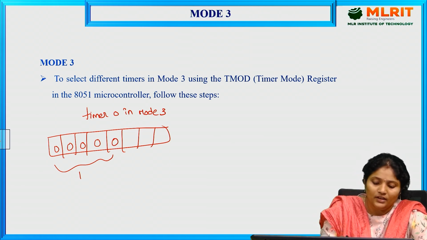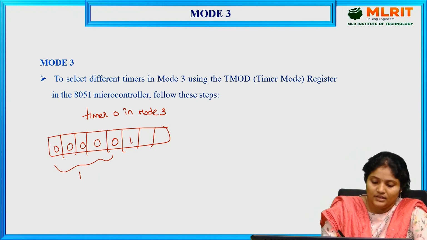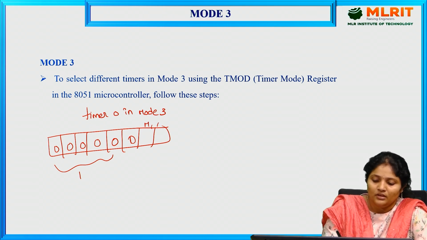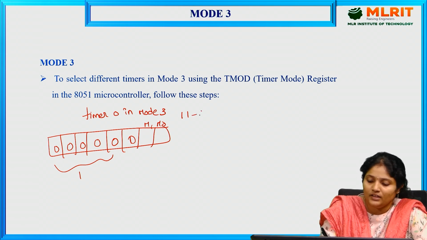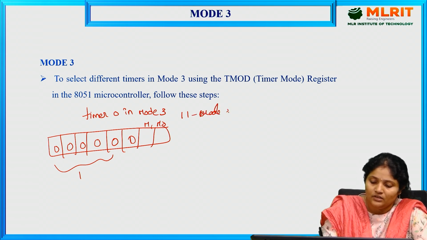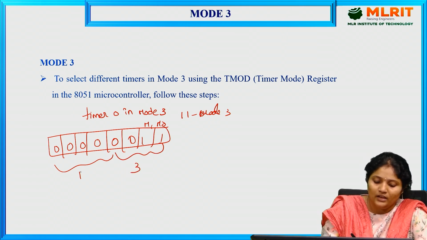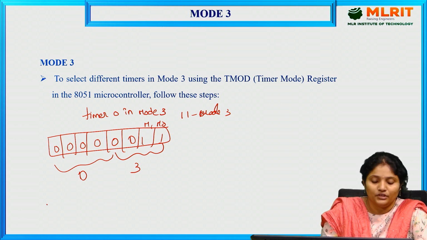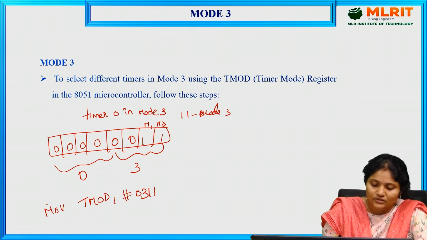The second one is C/T bar, which I write as 0 because it is a timer. For mode 3, if I keep M1, M0 as 1, 1, then only mode 3 will be selected. So 1 and 1 is 3, and the other nibble is 0. So to keep timer 0 in mode 3 operation, I need to fill the TMOD register with 03H.